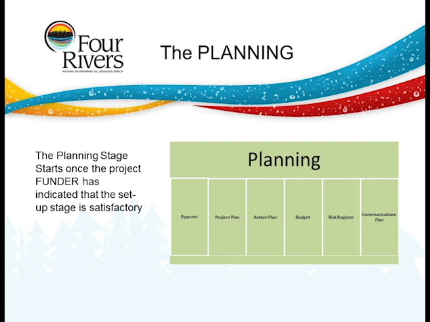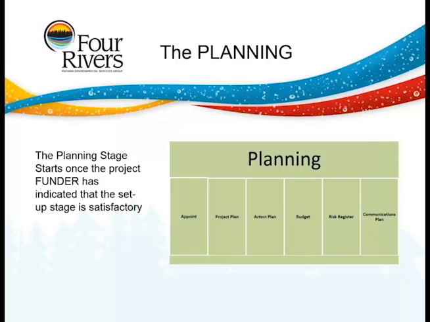The planning stage involves doing detailed planning for each component identified in the project brief. So how are you going to meet those components in your project brief? Your outcomes, how are we going to get to those outcomes?